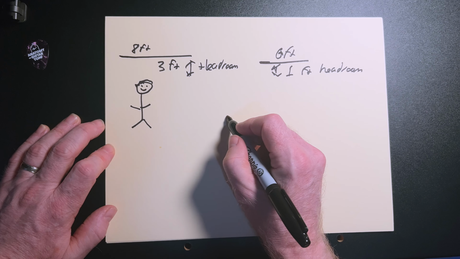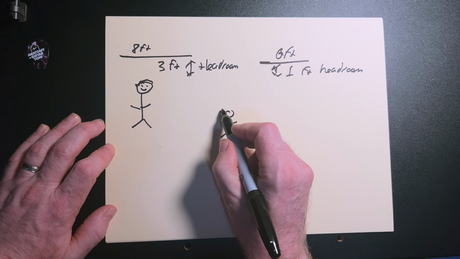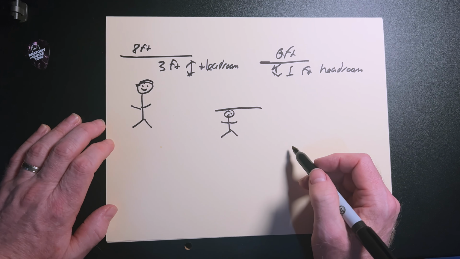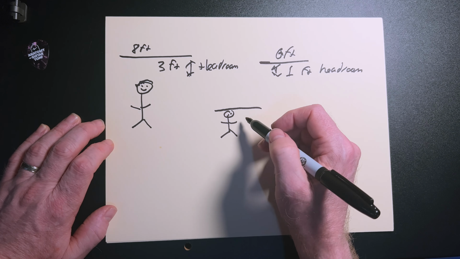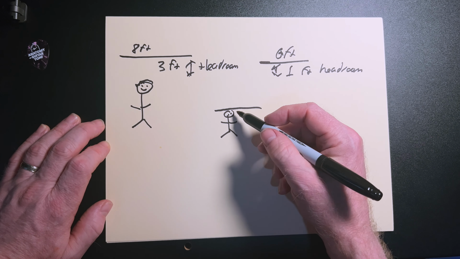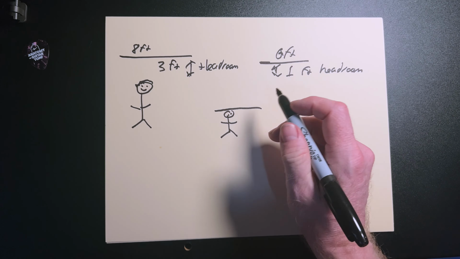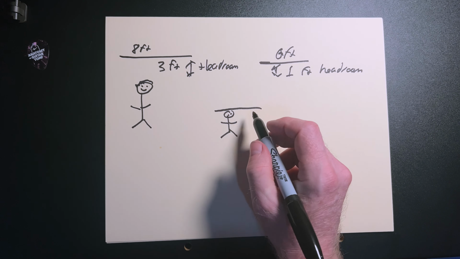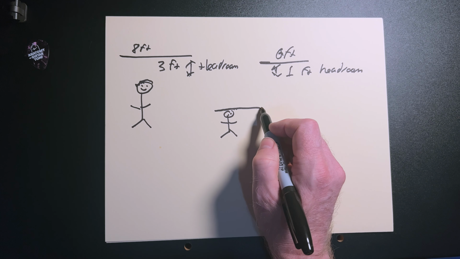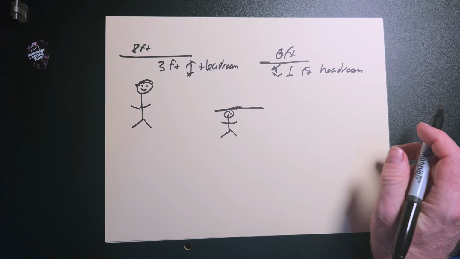If I draw another stick figure here, maybe that's me, at a 5-foot, or 5'5" ceiling, my head is hitting the top of the ceiling. And if this was the threshold in a compressor, this is the point where the signal would start to compress.